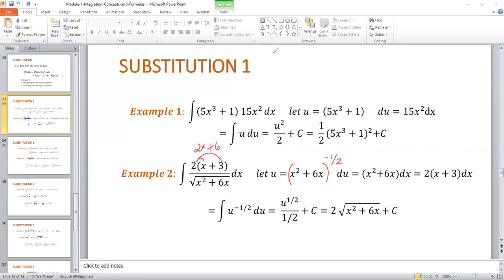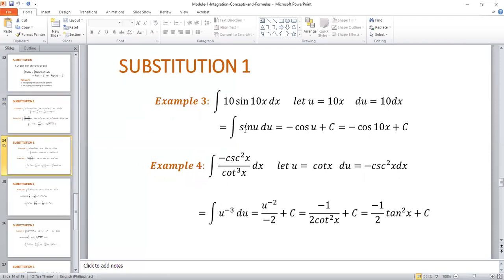Without substitution, class, you will have a hard time integrating this one, knowing that there's no direct association upon inspection between the denominator and the numerator. So you have to really use substitution here, coupled with the power formula. Any questions? Okay, we go to the next.